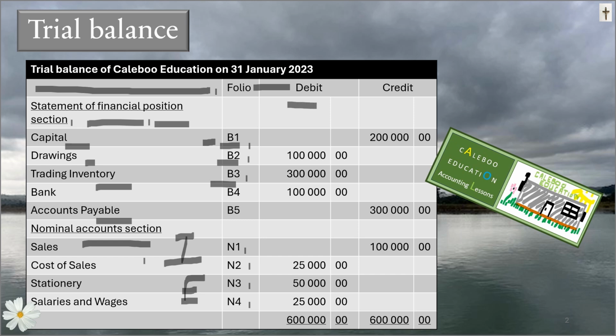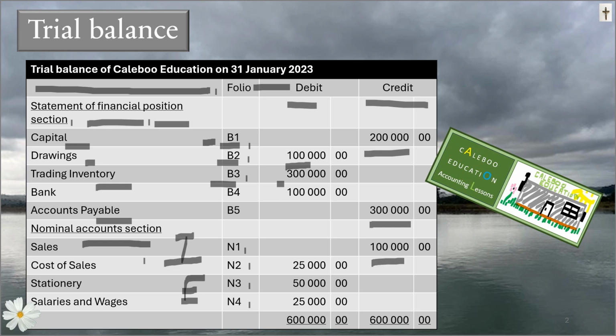Then there's a column for those accounts that had debit balances, for example, drawings, trading inventory. Then there's a column for those accounts which had credit balances: capital, accounts payable, sales.